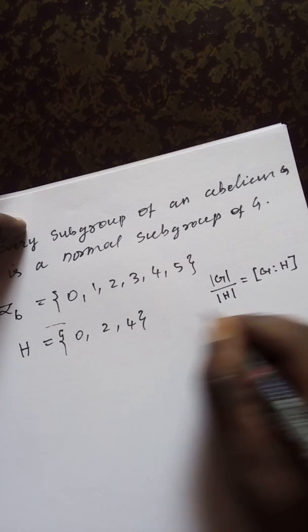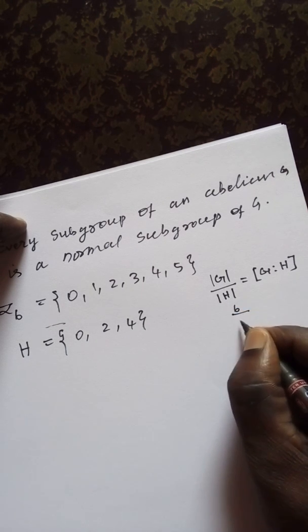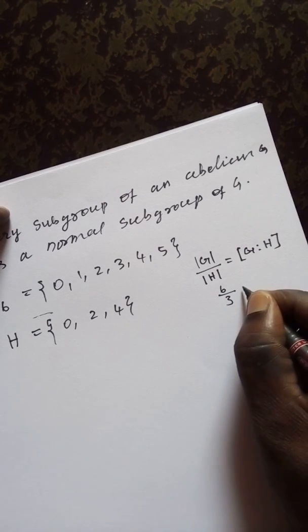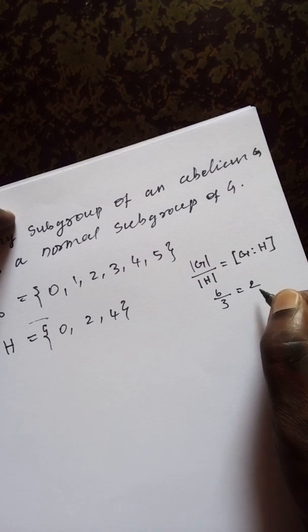Suppose here there are 6 elements. The number of elements in the set is 3. This is equal to 2. There are 2 distinct cosets.